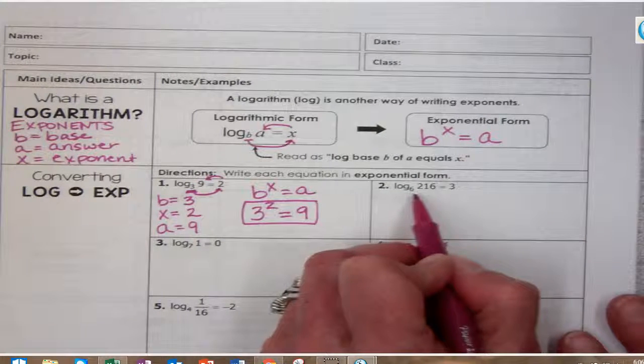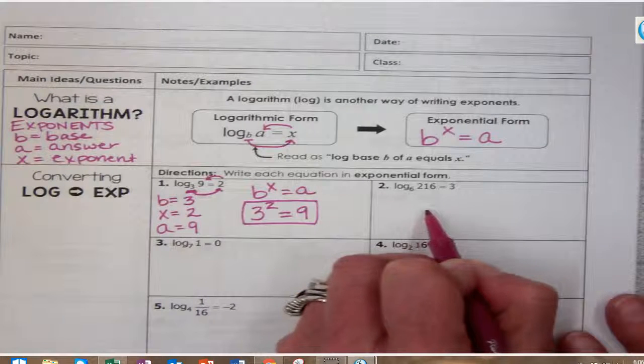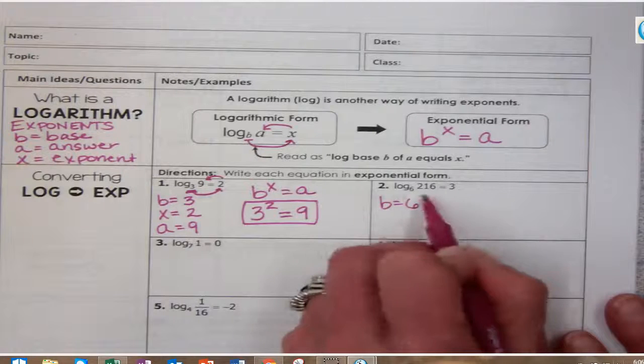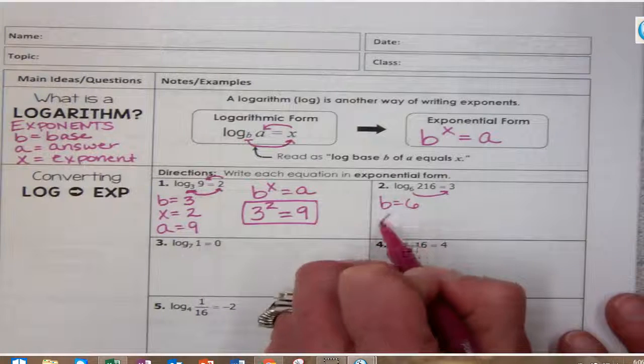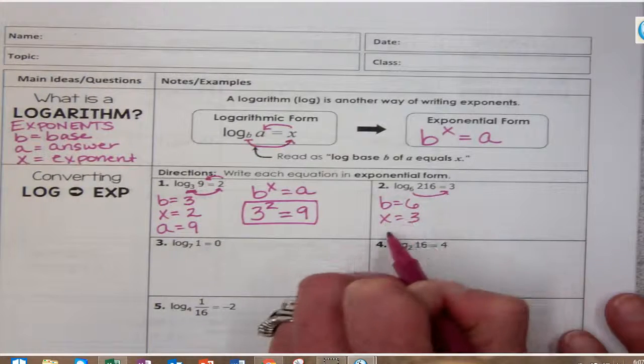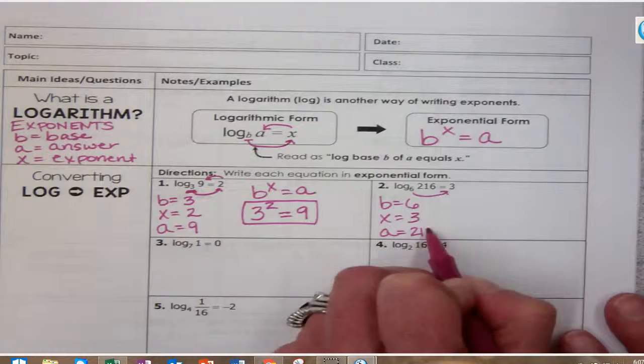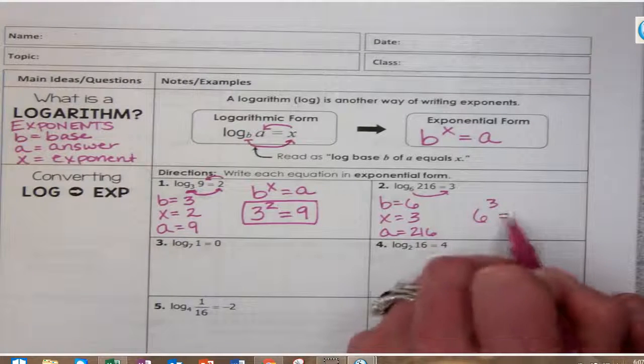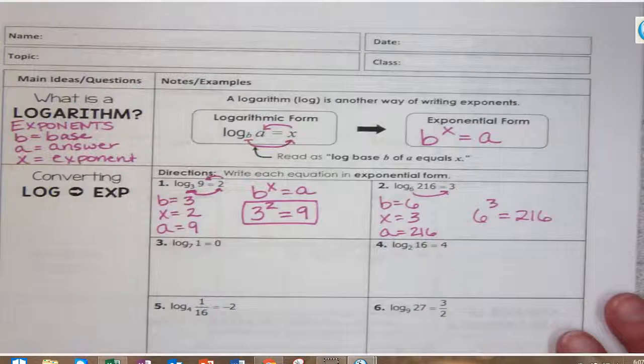So here we've got log base 6, your base is 6, your exponent is 3, and your answer is 216. So your base of 6 raised to the third power is 216.